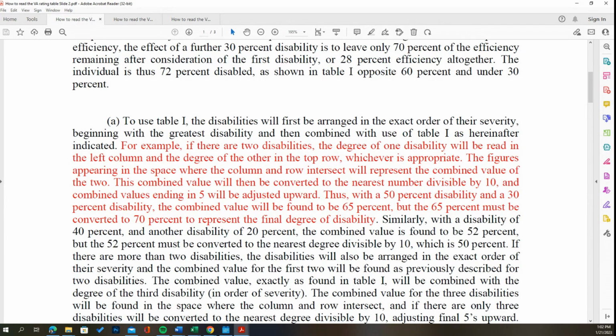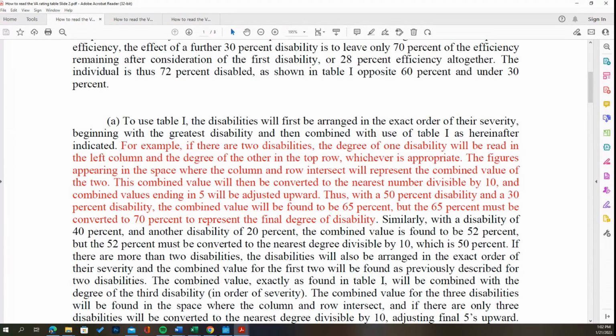The figures appearing in the space where the column and row intersect will represent the combined value of the 2. Okay, this combined value will then be converted to the nearest number divisible by 10, and combined values ended in 5 will adjust upward, meaning it goes to the next higher percentage.